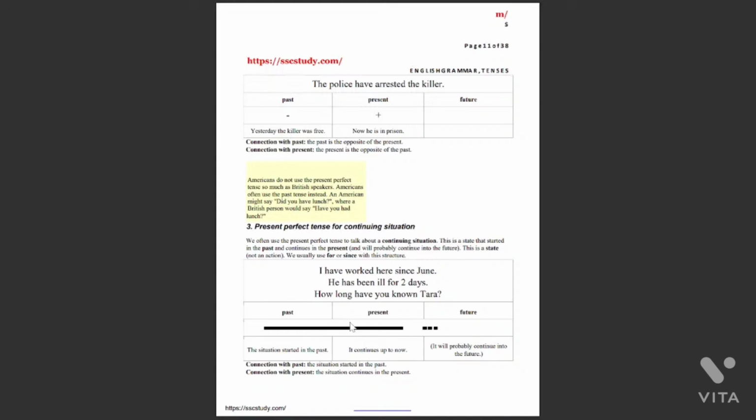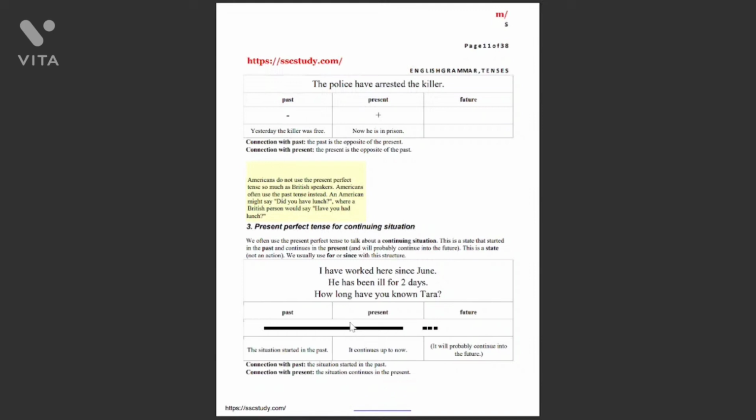The present perfect tense with continuous situations. We often use the present perfect tense to talk about continuous situations. This is a state that starts in the past and continues in the present. So this is a state, not an action. We usually use for or since with this structure.